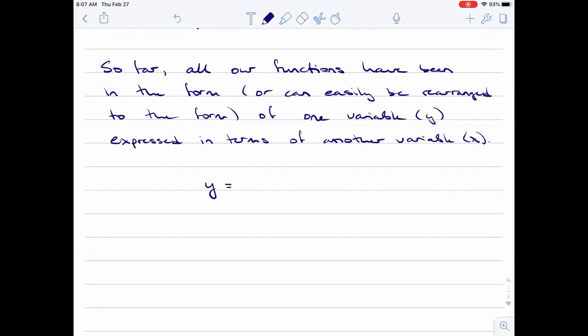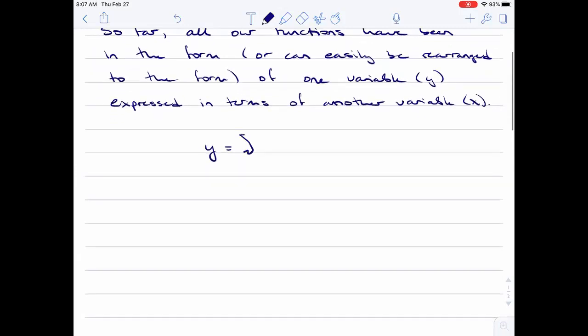Things like y equals the square root of x to the 3 plus 1, or something like y equals x sine x, right? We've seen all these functions where we've got y on one side and x on the other side.